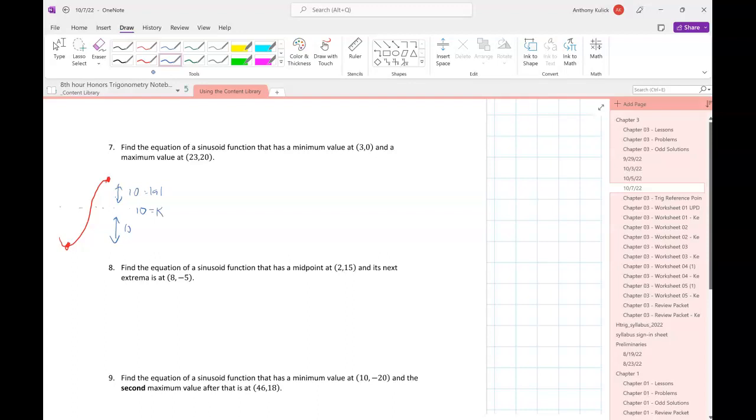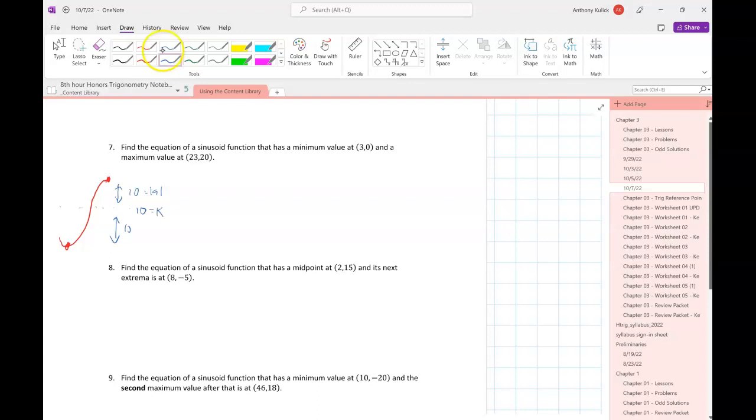If 10 is the place in between 0 and 20, and then you have 10 units from that midline to the extrema, that's the K and the A. You could also do that with the formulas that I gave you. Either way of doing it is fine. I like doing this because I probably won't get mixed up on which one is which. But this I got.